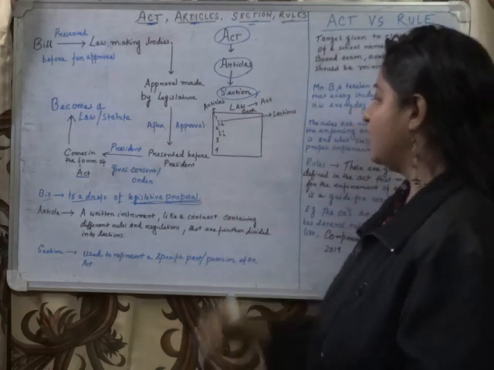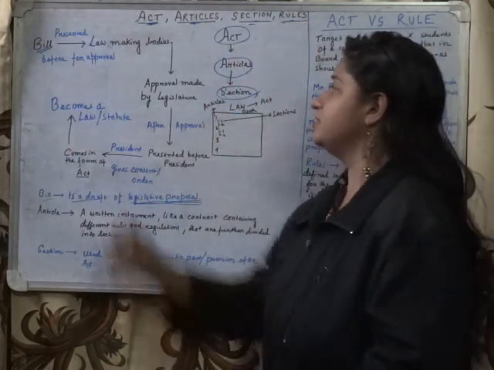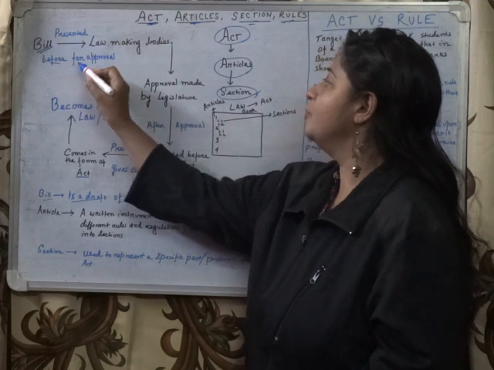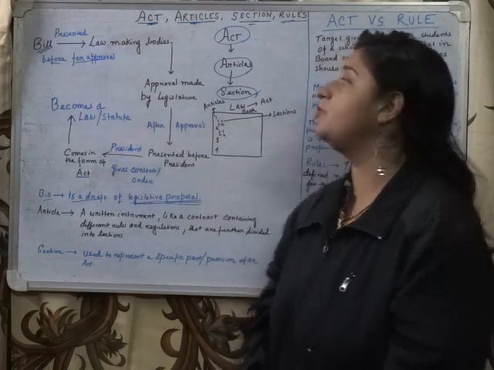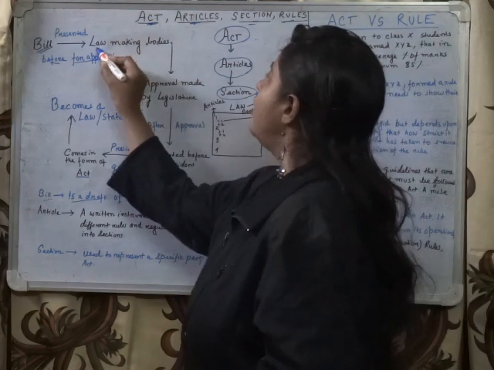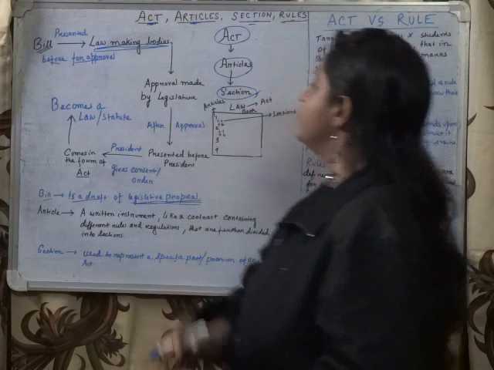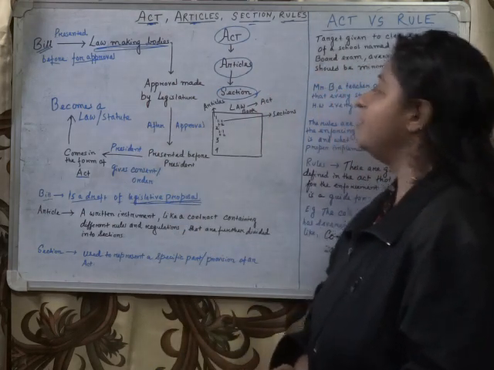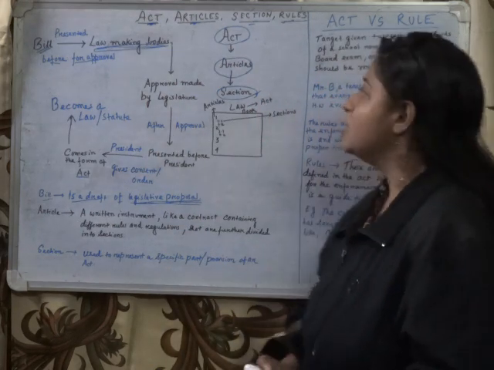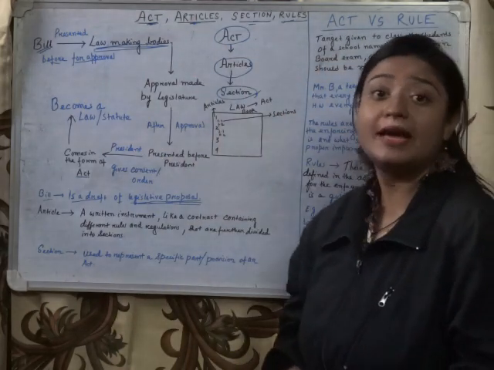Now, when this bill is presented for approval, whose approval? The bill is first presented before the law-making bodies, which is also known as the legislature. Okay. So the bill is presented before the law-making bodies for their approval.